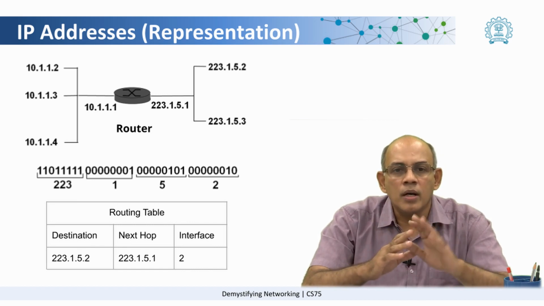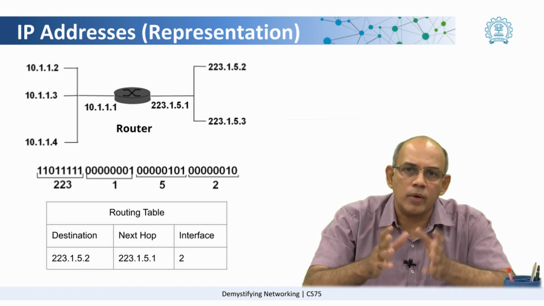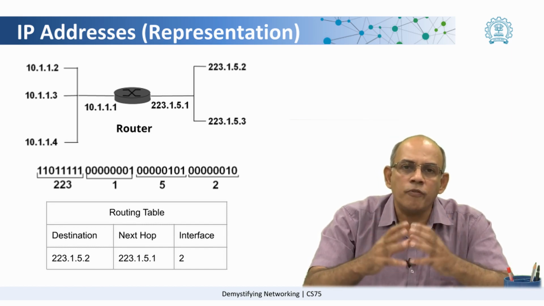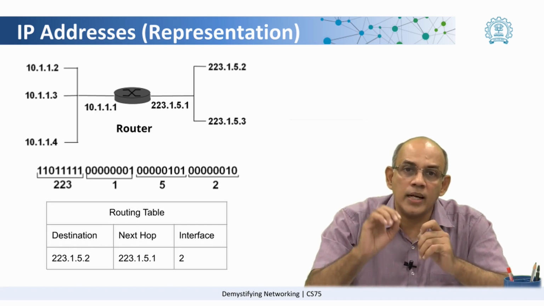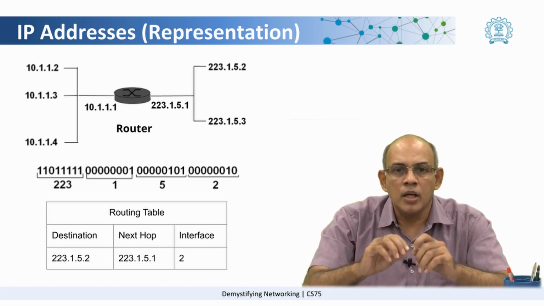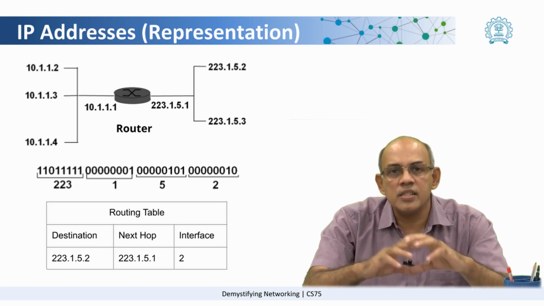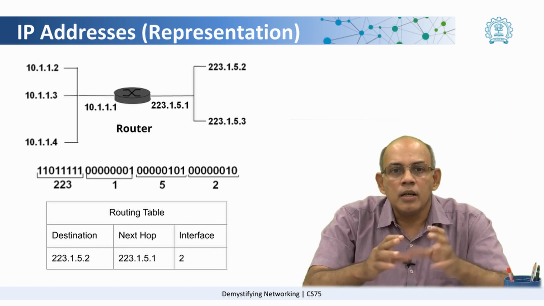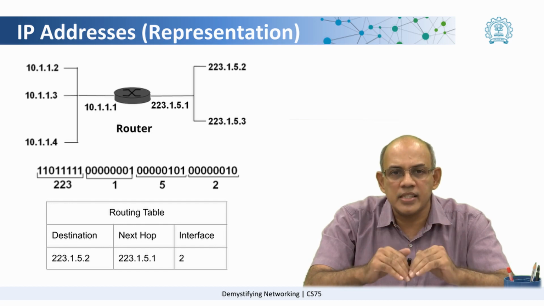So that's how one side of the network becomes what is called the 10.1.1 network. The network is often referred to using the name that is given to that router's interface. So 10.1.1.1 is the router which is catering to the entire network of the other IP addresses that we see.